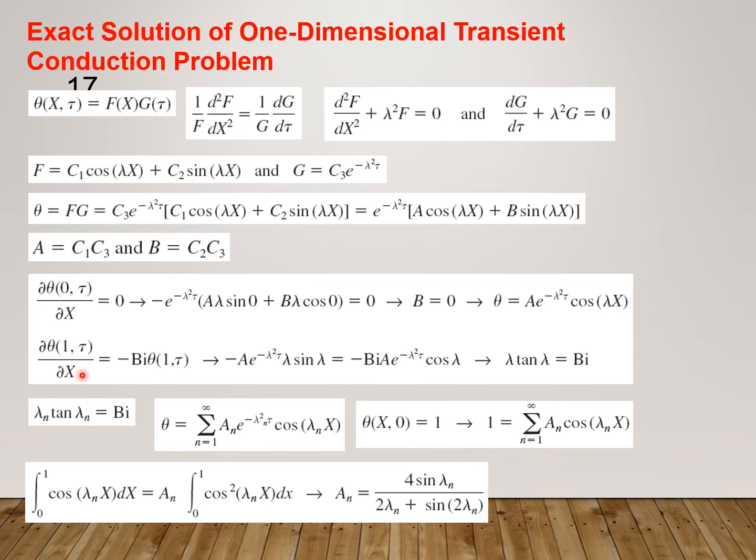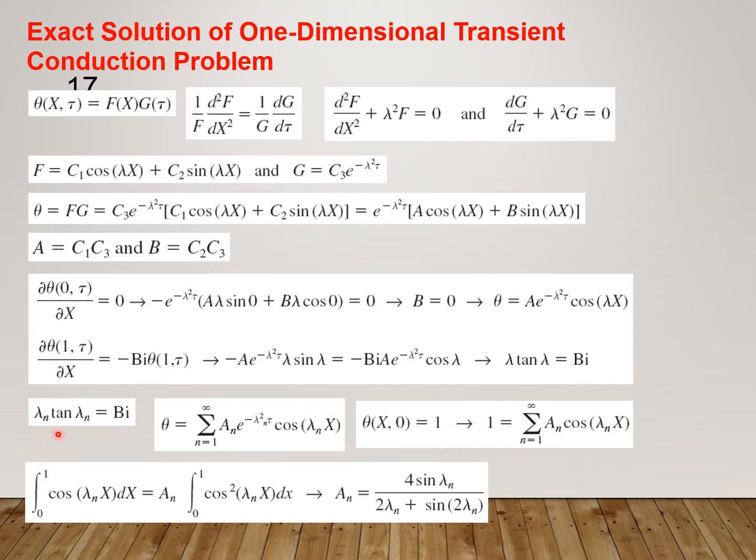So del theta, which is a function of 1 and tau, upon del x is equal to minus Bi theta 1 comma tau, which comes out to be minus a e to the power minus lambda square tau lambda sin lambda is equal to minus Bi a e to the power minus lambda square tau cos lambda, which on cancellation of this, sine upon cos becomes tan lambda, which is equal to the Biot number.